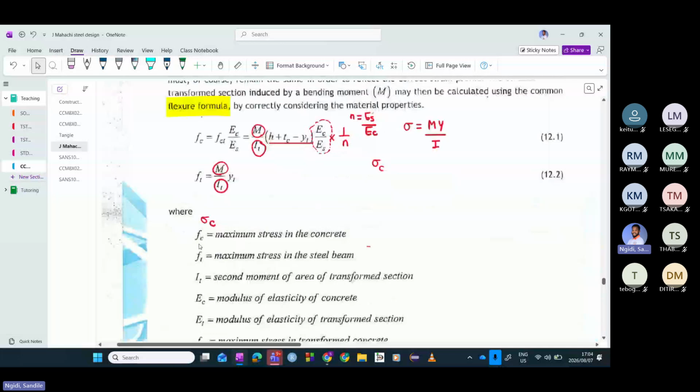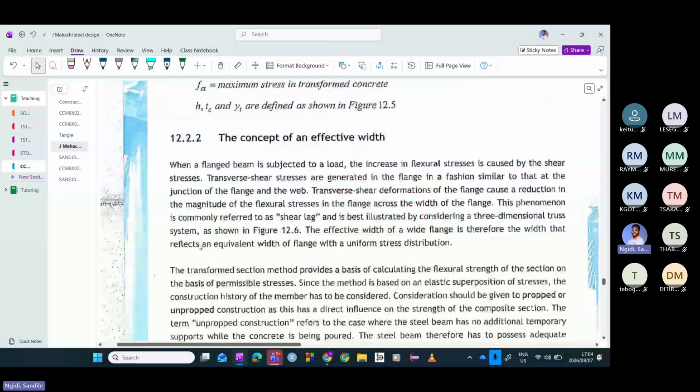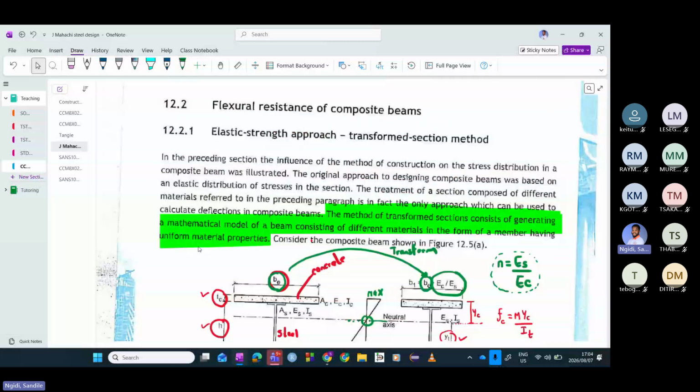Yes, here. So you can see this approach where we are using the transform section method, we call it the elastic strength approach. And the approach really is what we've been explaining, that we use the method of transform sections where we generate a mathematical model of being composed of different materials and transforming it into a section having uniform material properties.